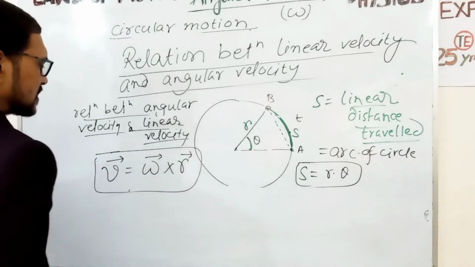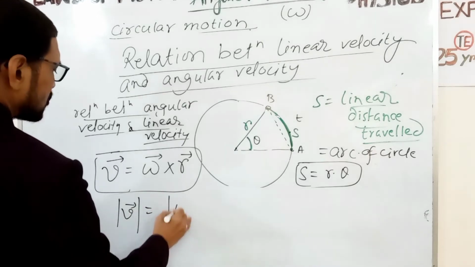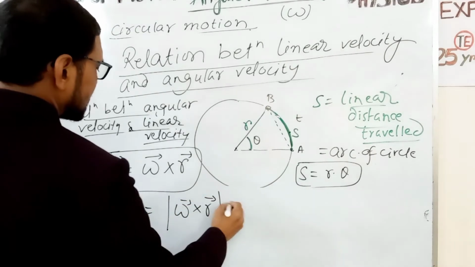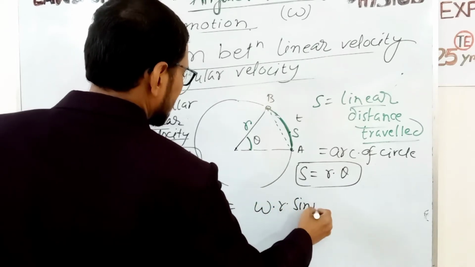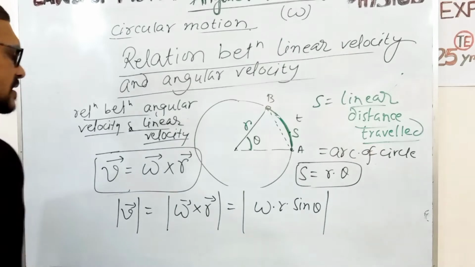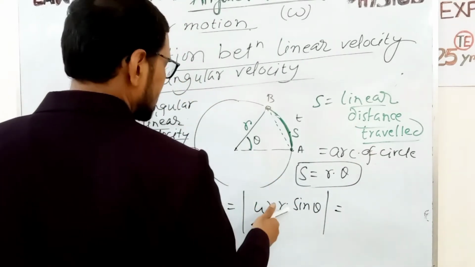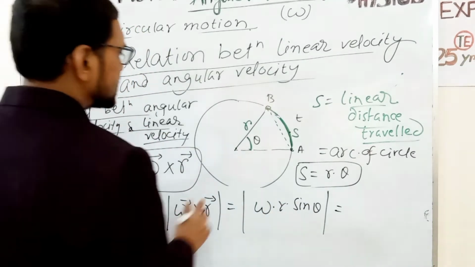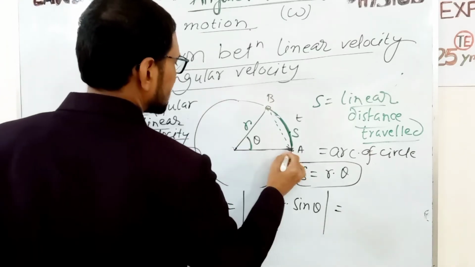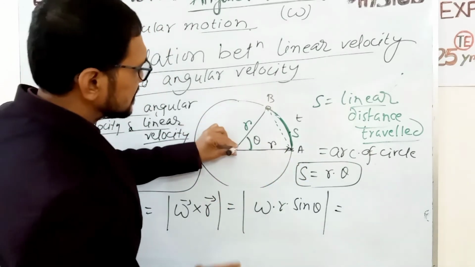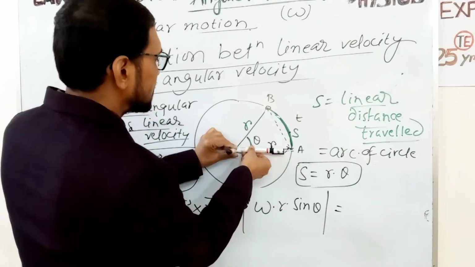For circular motion in particular, if we take the magnitude of v equals omega cross r, we get omega r sin theta. Omega cross r means omega r sin theta. For circular motion, what is the angle between omega and r? Omega is along this direction, normal to the plane, and r is this. So this is r vector, and this is omega vector. What is the angle between them?